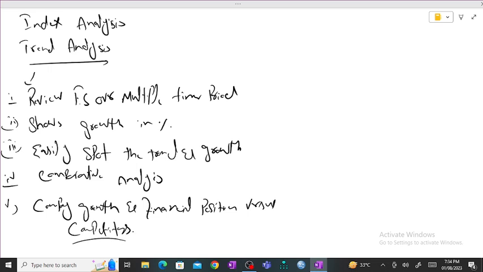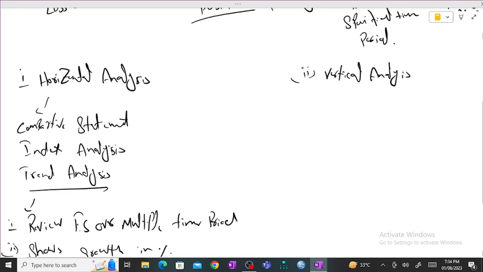Now let's see what vertical analysis is. The name for vertical analysis is common size statement or common size analysis.